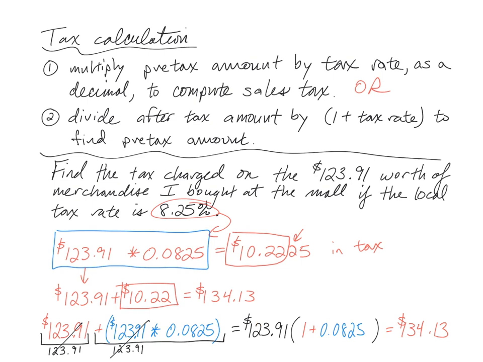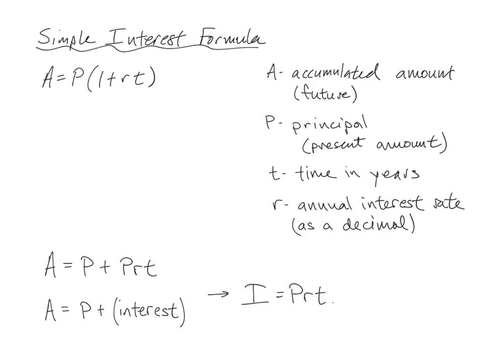Trust me, you can work it through yourself. I promise you'll get $123.91. You may have to round to get it, but it will work. All right. All of that on the last slide was leading into this simple interest formula.